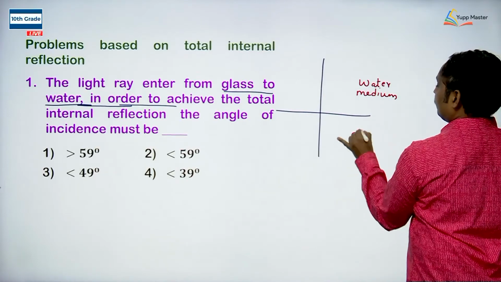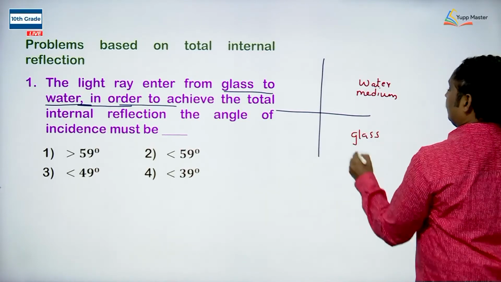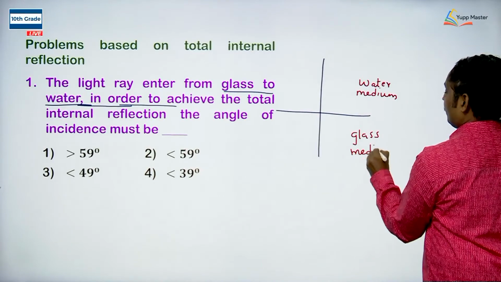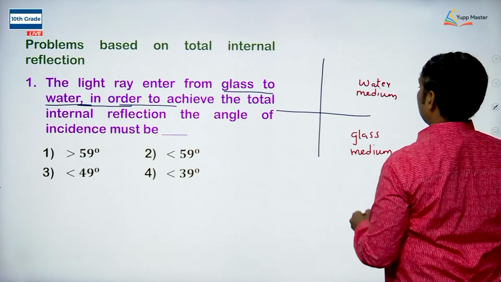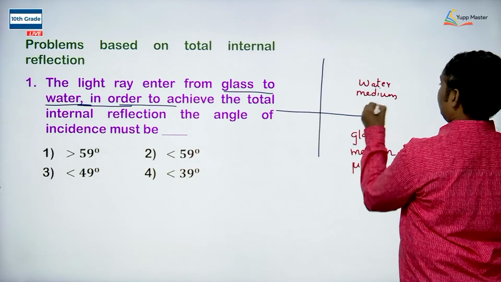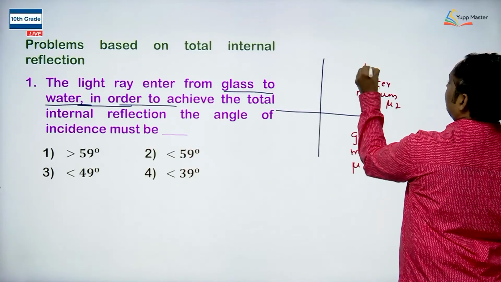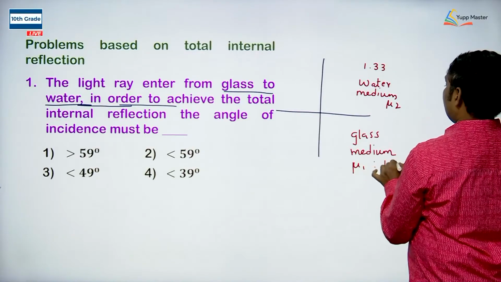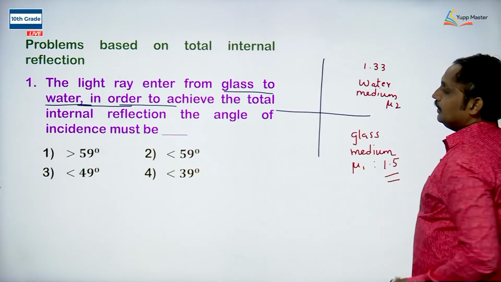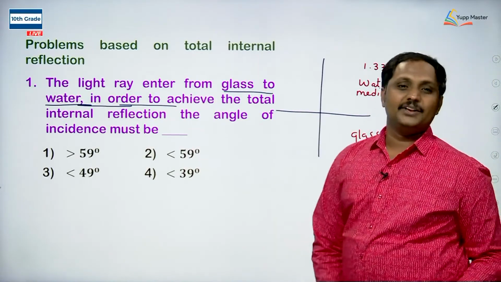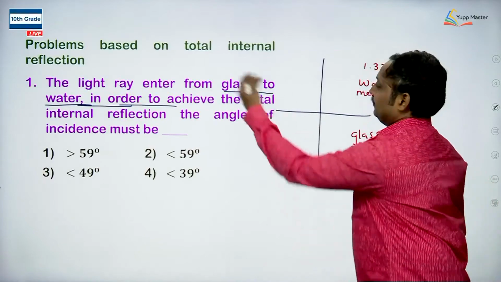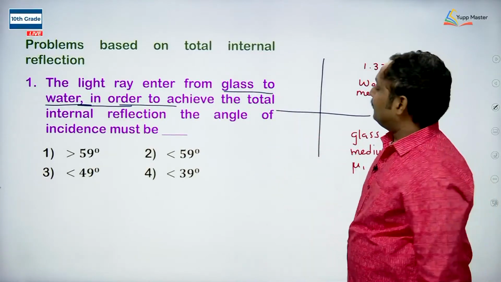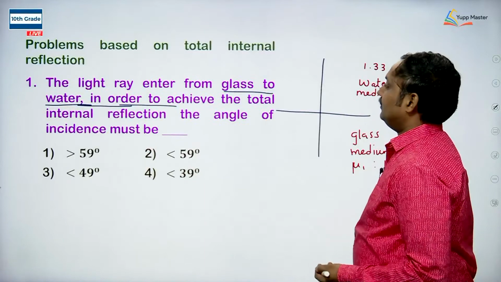This is the glass medium. Now we are talking about this is mu1, this is mu2. Generally its value is 1.33, its value is 1.5, very clear. So we have the basic information regarding the problem, but we will find out the solution.